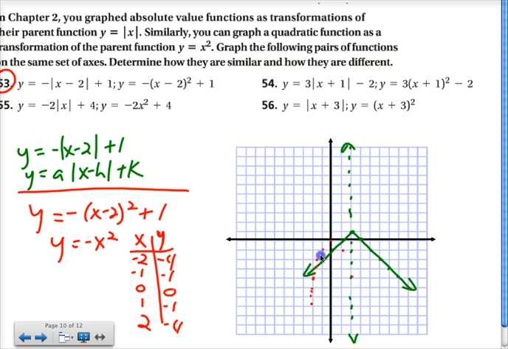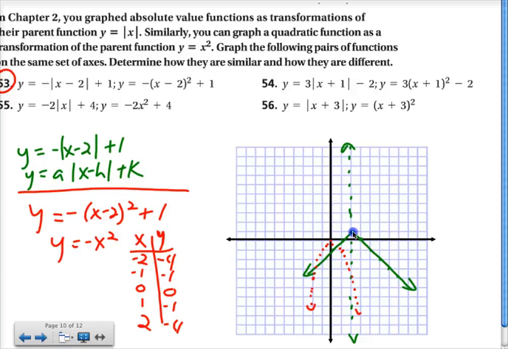But now, what I'm not going to do is make this solid, because this is not my final graph. Remember, this is shape. Whenever we have that a involved in there, that's our shape. And then I need to move it. So for my final graph, I'm going to change colors here and go to blue. And I need to move this 2 to the right and up 1.